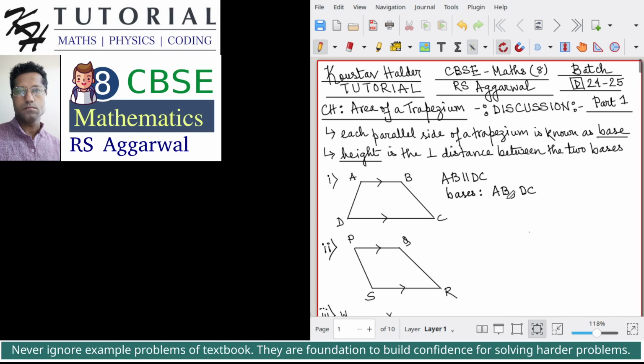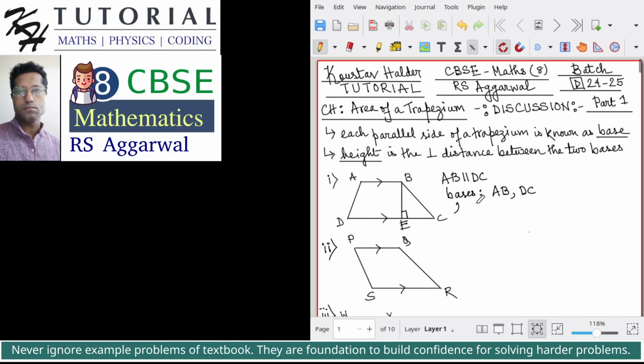Now what is the height of a trapezium? The height of a trapezium is the perpendicular distance between its two bases, that is, the distance between the parallel sides. So in this trapezium ABCD, if we draw a perpendicular from the point B on the side DC, let's say BE is perpendicular to DC.